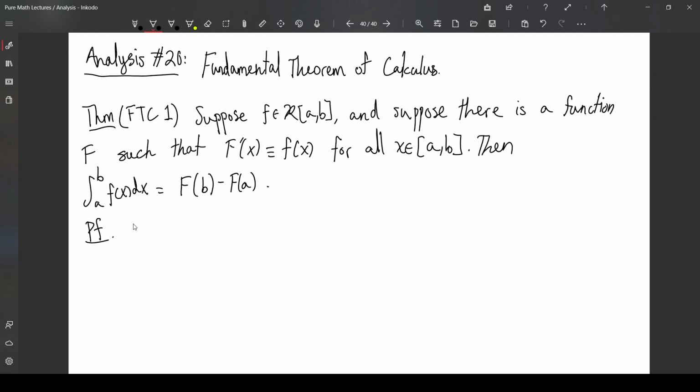So we're going to start with a partition P of our closed interval [a, b].